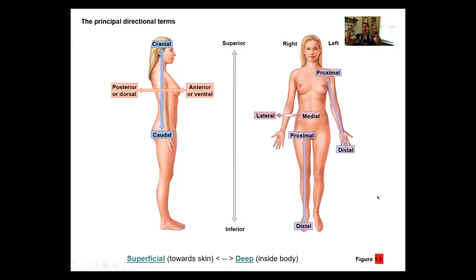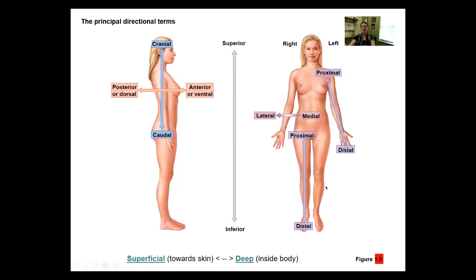You couldn't say above because maybe that means closer to the top of the skin, right? Maybe that means closer to the top of this particular organ, right? So these directional terms are very specific, right? So if you want to say, make the incision in this direction, you could say, make it more superiorly, closer to the head, as if the woman was in anatomical position.